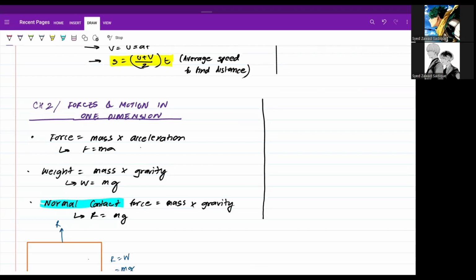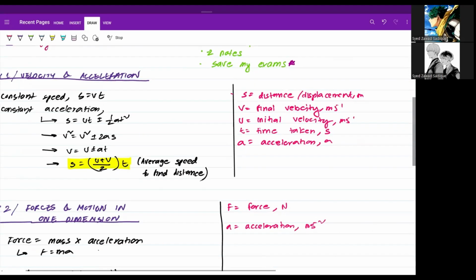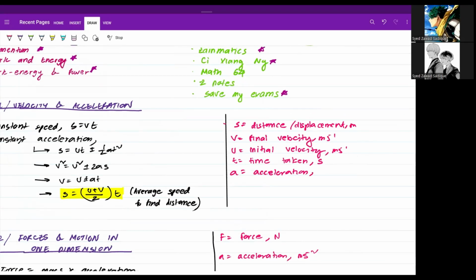Okay, so F is equal to force, or some people like to say resultant force, but whatever, it's in Newtons. a is equal to acceleration, which is in meters per second squared. Oh, this was wrong, thankfully I caught it.